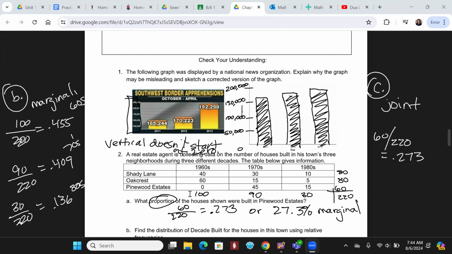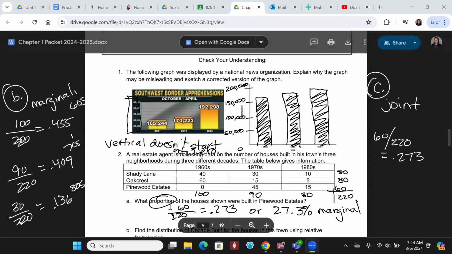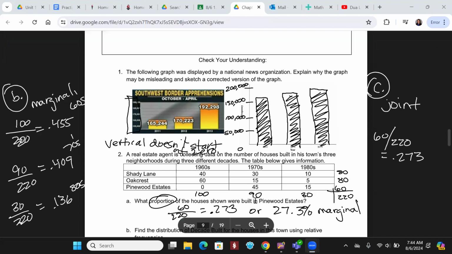Okay. On part A, what proportion of the houses shown were built in Pinewood Estates? 60 over 220. So the first thing you do, if you get a table, you need to add up the totals for all the columns and rows. That's step number 1.